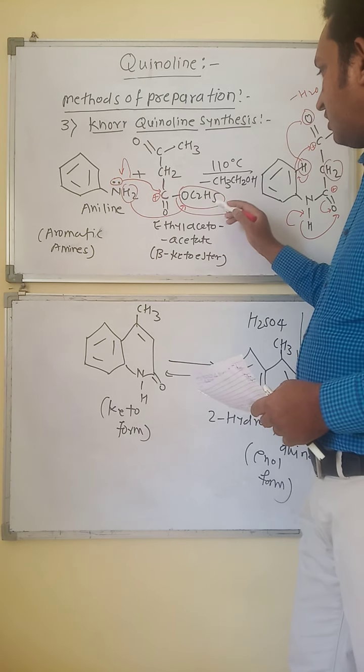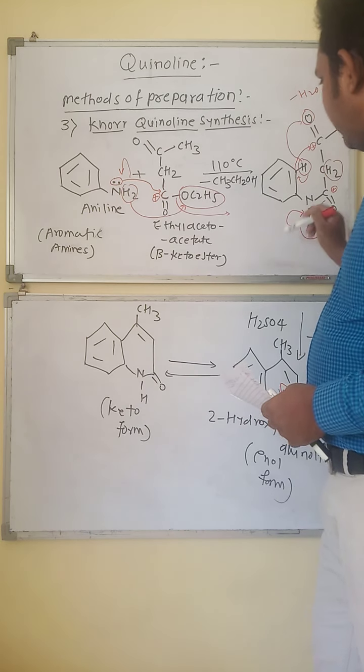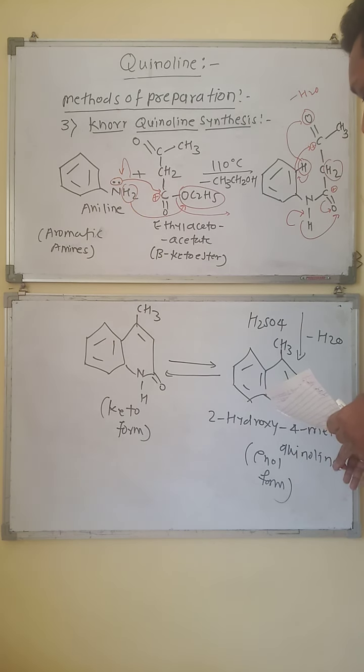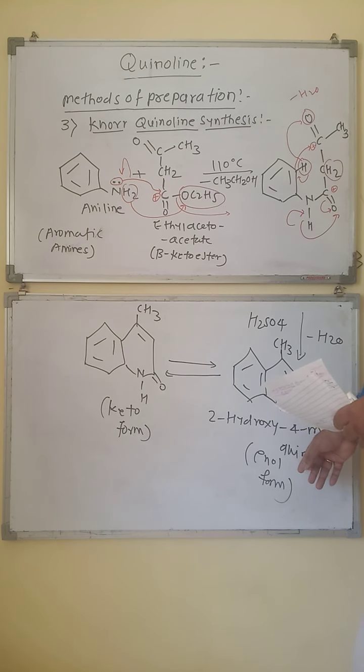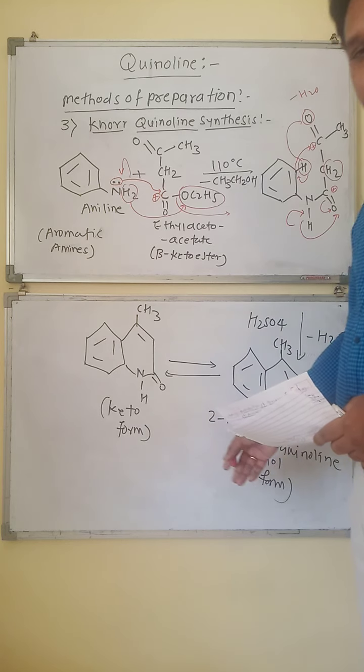At a temperature of 100 degrees centigrade, we get the condensed product, and then a ring closure reaction takes place, and finally we get the quinoline derivative, 2-hydroxy-4-methyl quinoline. This is the enol form, and it is converted into its keto form by keto-enol tautomerism.